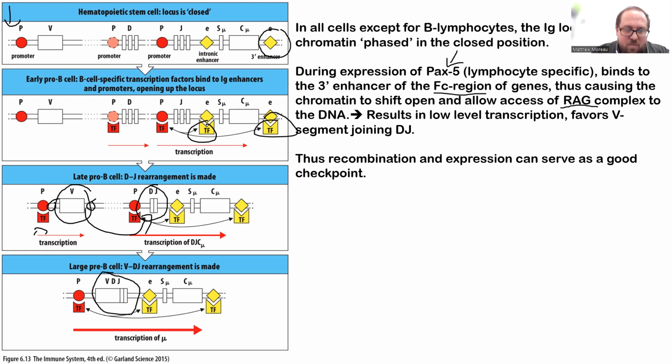The VDJ loop is then looped again by way of binding an upstream enhancer to the mu segment, the mu C terminus or FC region that still has the signal sequence.